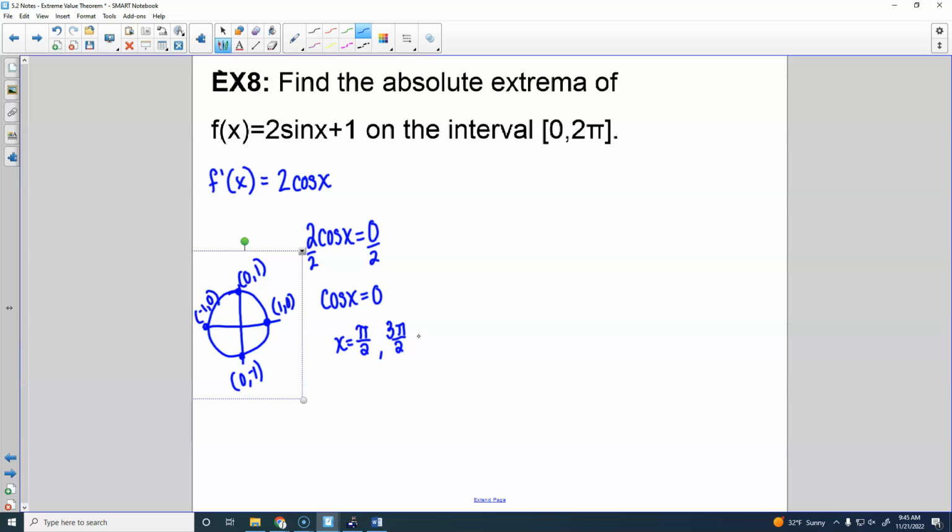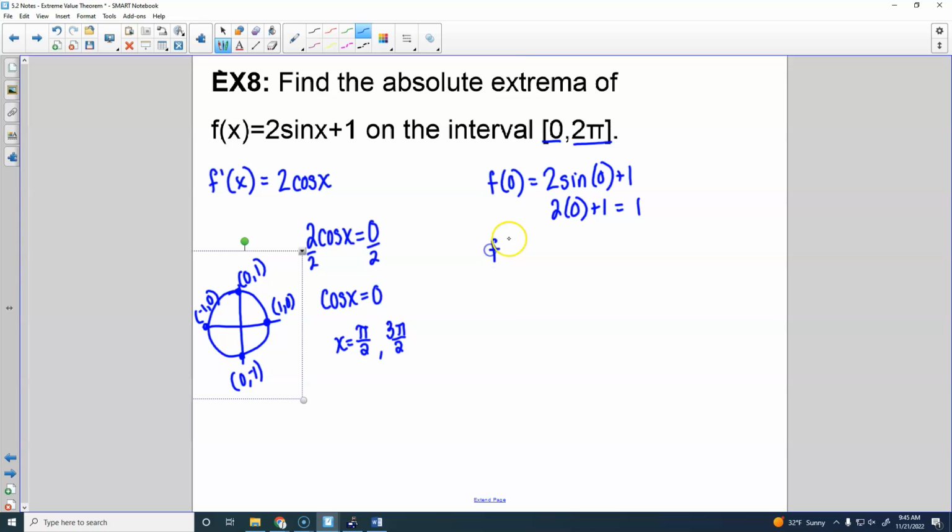So we would need to check the endpoints and pi over 2 and 3 pi over 2. So we would do f of 0, which would be 2 sine of 0 plus 1. What is sine of 0? Sine is your y coordinate. 0 is right here. It's 0. So that's 2 times 0 plus 1 will give you 1.